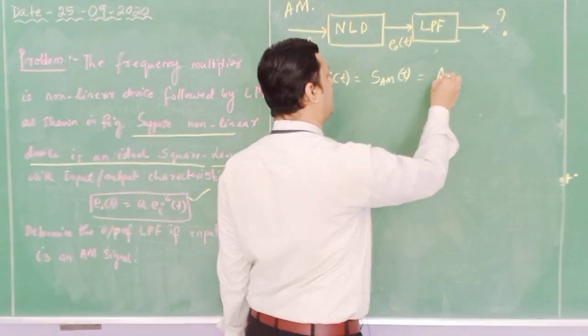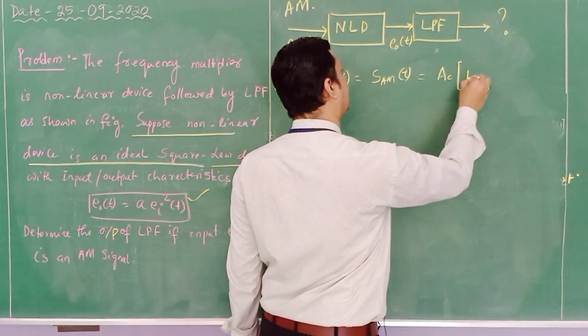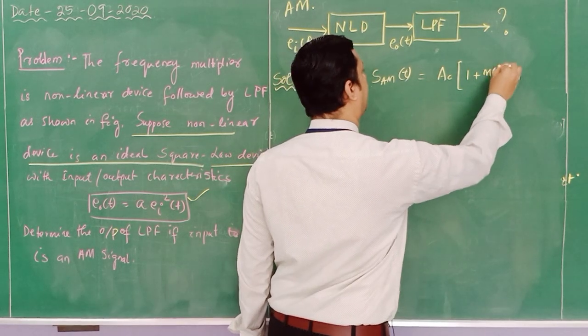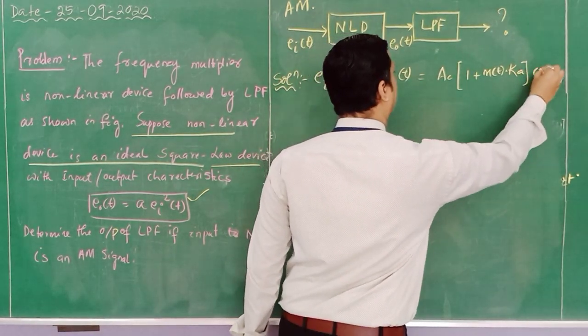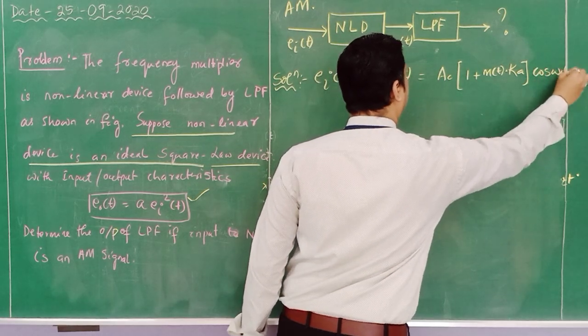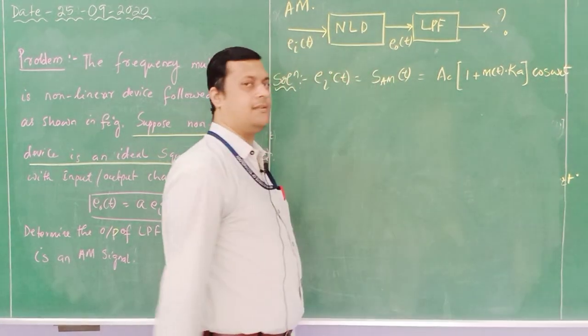So the first hint is given as an AM signal. Here I will write A c into 1 plus m of t into K a cos omega c t. So this is my AM signal.